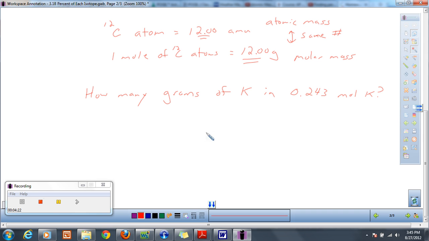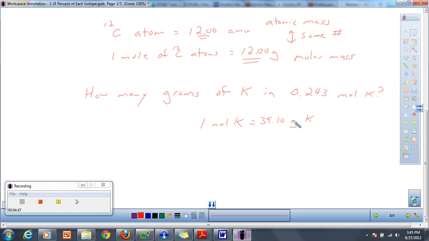We have to understand that 1 mole of potassium has a certain mass. So how many grams of potassium per mole of potassium? Go to the periodic table and you'll see that the atomic mass of potassium is 39.10, and therefore the molar mass is also 39.10 grams per mole.